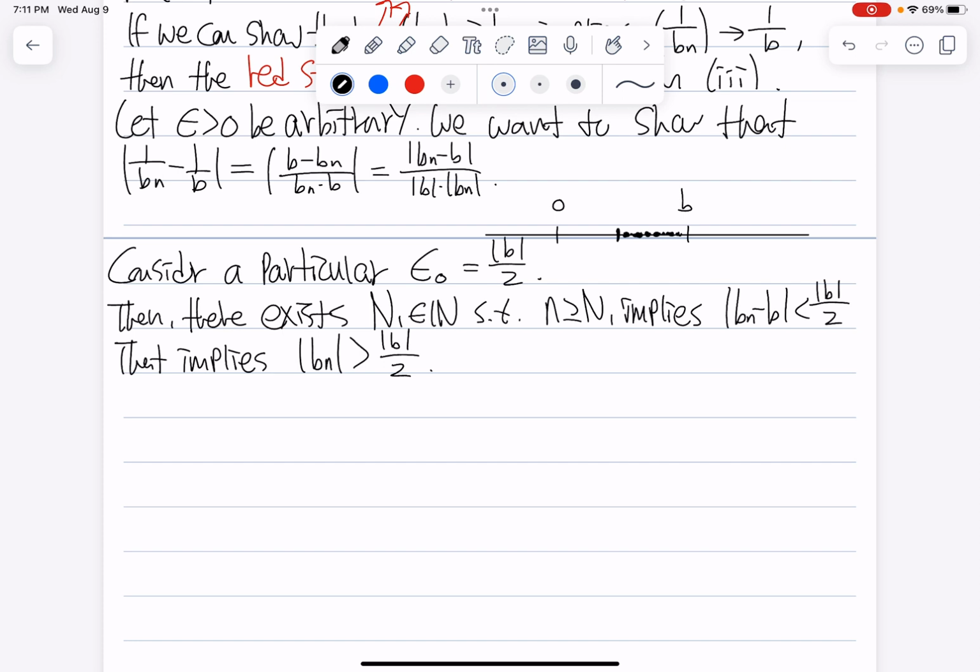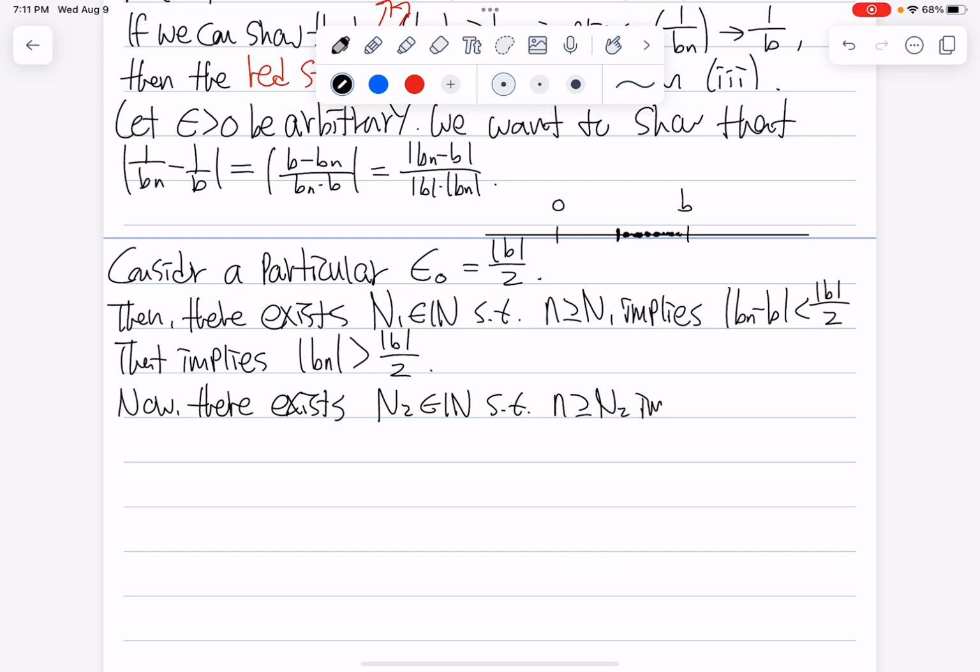Now, there also exists a big N2 in the natural numbers such that small n greater than or equal to big N2 implies that |bn minus b| is less than epsilon times the absolute value of b squared over 2. And you'll see why this is happening right now. Let big N be the maximum of big N1 and N2.